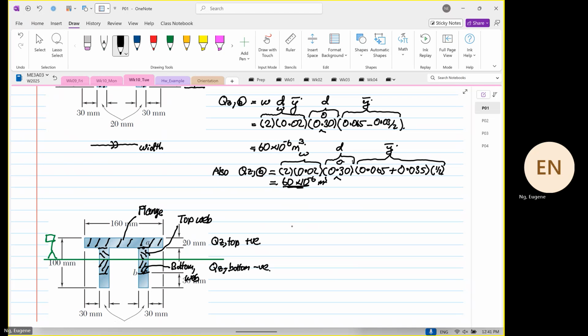Okay. So QZ at point B can be equal to QZ for the flange, plus QZ for the top web, and then we're going to minus QZ for the bottom web.